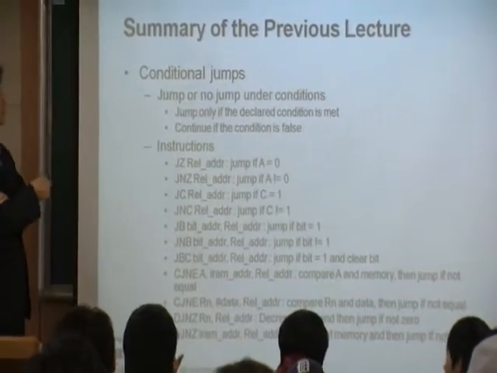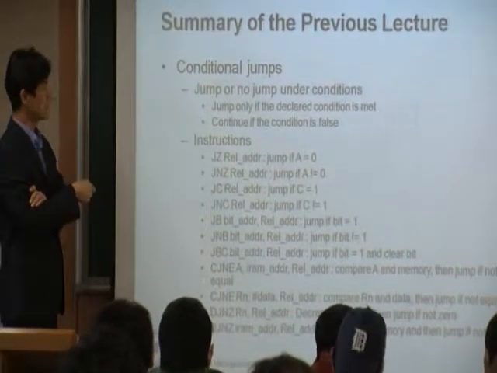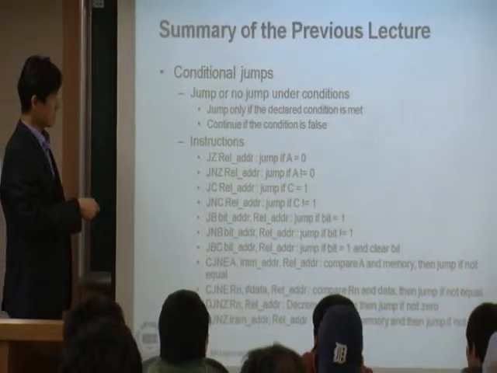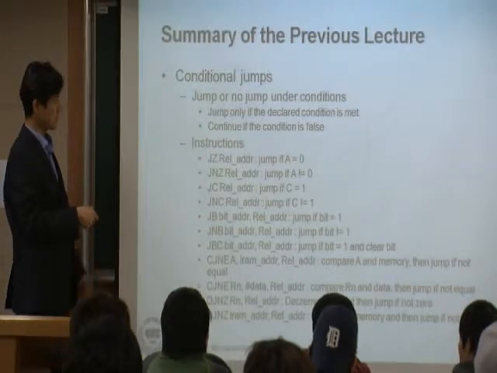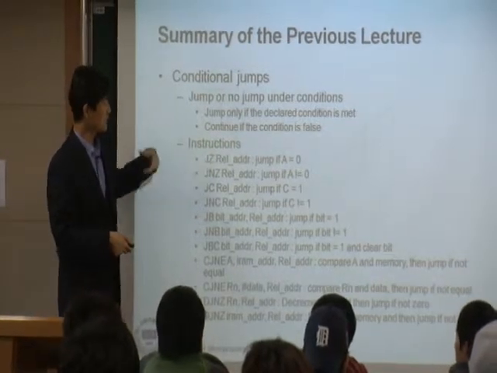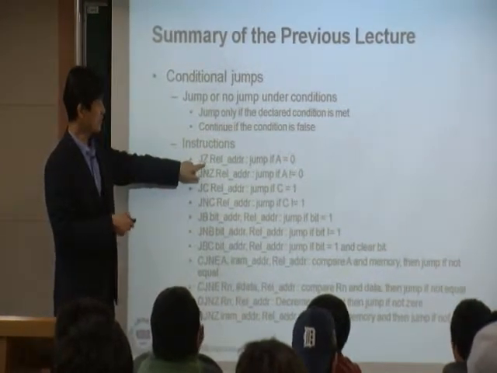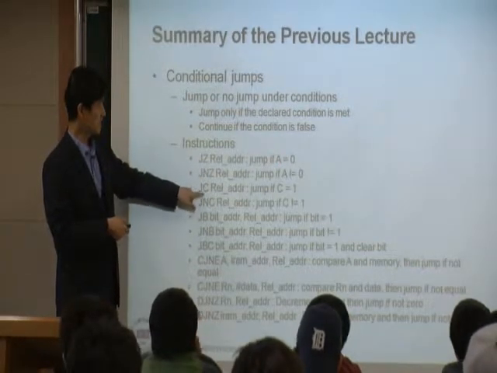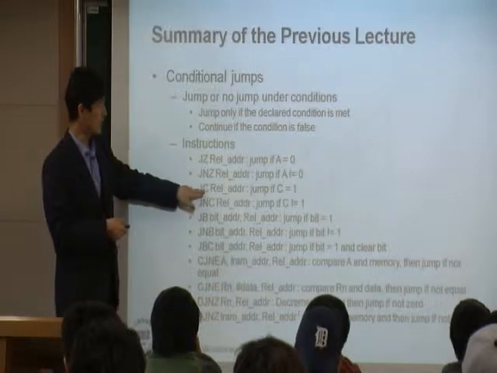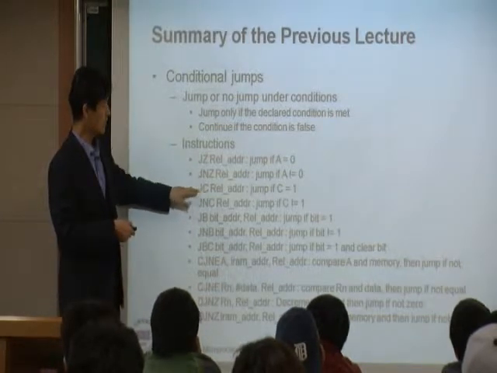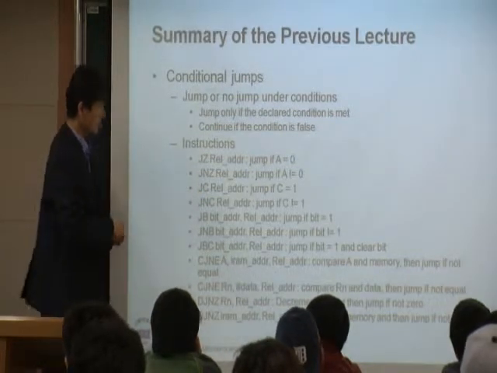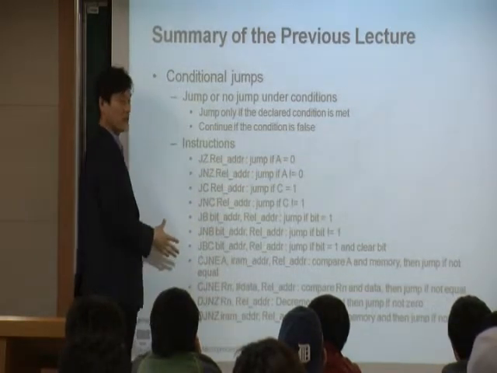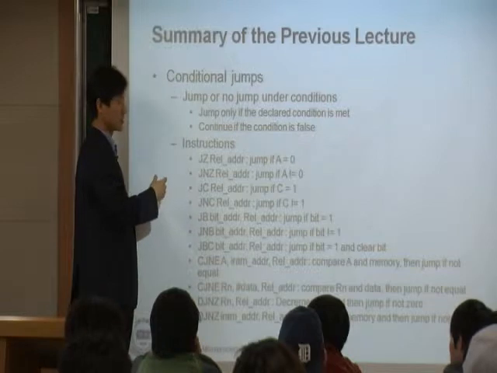There are conditional jumps, which are more popular when you program. We can look at the examples. For example, JZ means that we are going to jump if the accumulator is 0, right? And JNZ, not 0. And JC, C means carry. So when you have a carry equal to 1, then we jump. For each of these instructions, the operand is a relative address, same as our short jump, right?